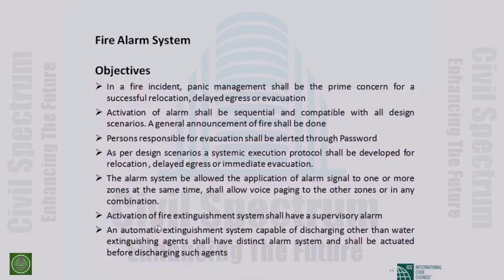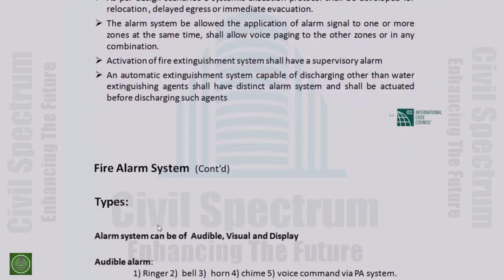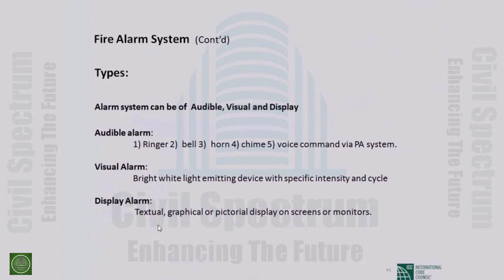So these are the different types of alarm system. There are normally three types: audible alarm, visual alarm, and display alarm. Normally we know the audible one, but some persons have a problem with audible alarms.